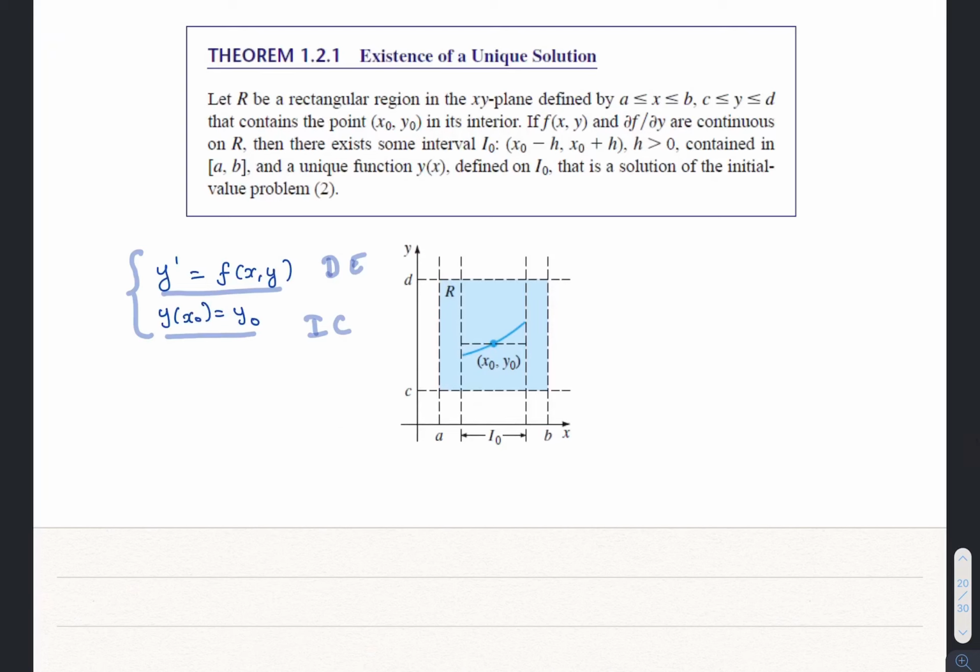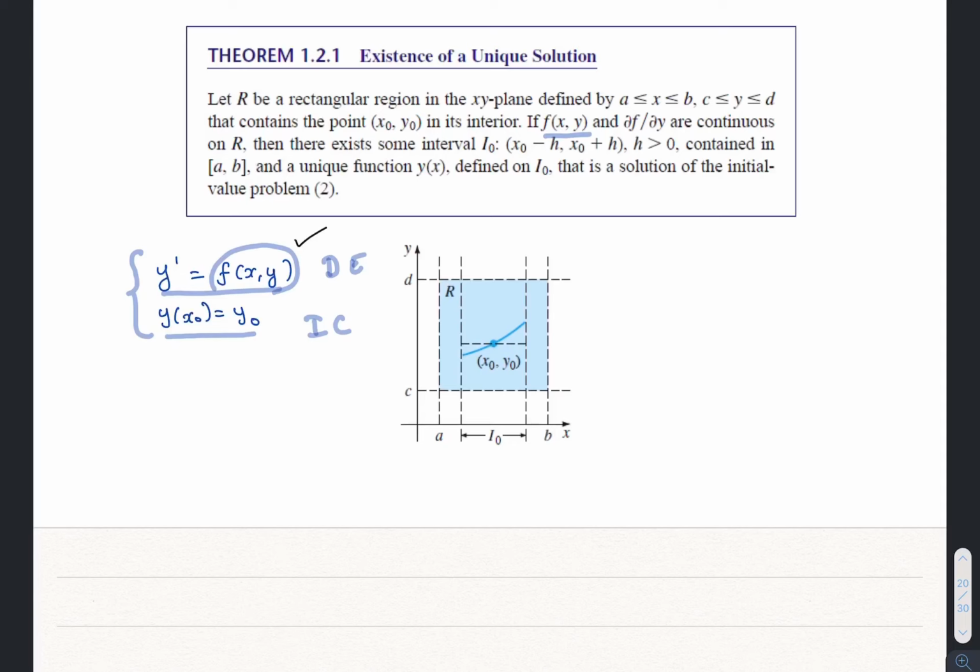So Picard says the following: if this function right here, this f of x comma y, when you write the differential equation in the normal form, has the following properties. Number one, the function is continuous.